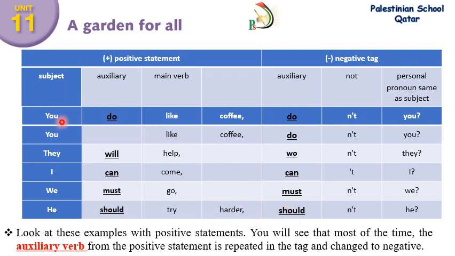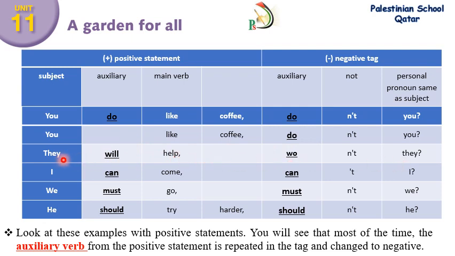Look here, you subject, do auxiliary, like main verb, coffee. Auxiliary in the negative tag, do. Do, here. Negative tag, not. Do not, you. Personal pronoun same as subject. You like coffee, don't you? They will help, won't they?